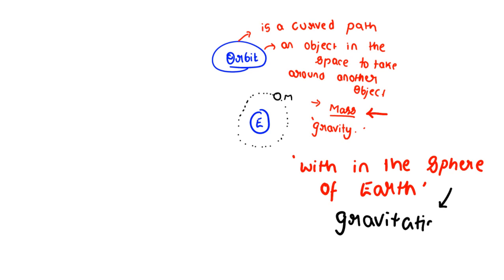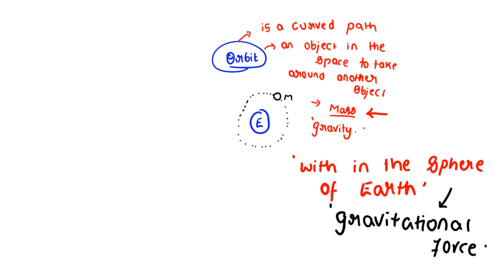So the moon has gravitational force and the earth has gravitational force. When both huge objects have their own gravities, the place at which the gravitational force balances each other makes one object move around the other.